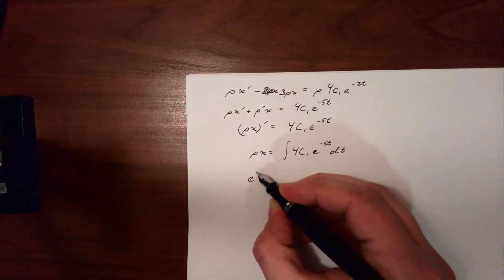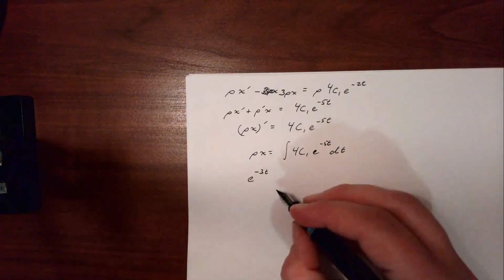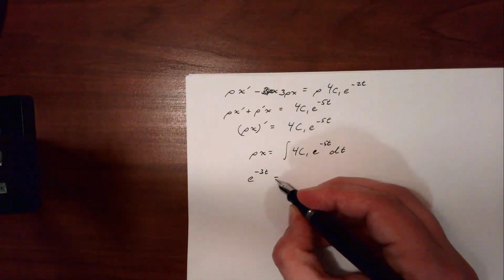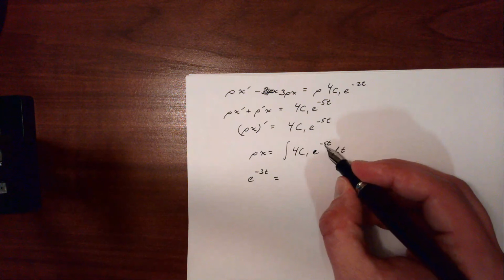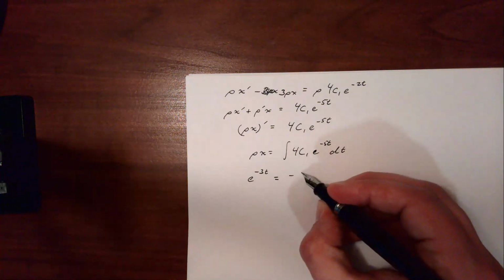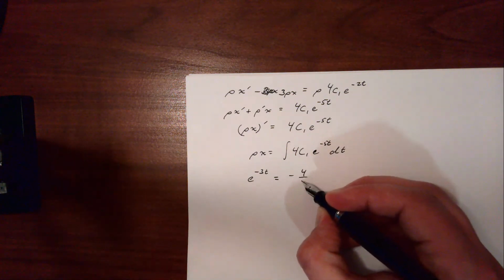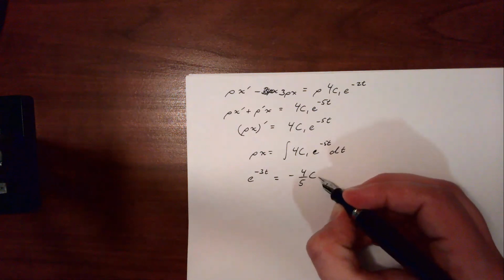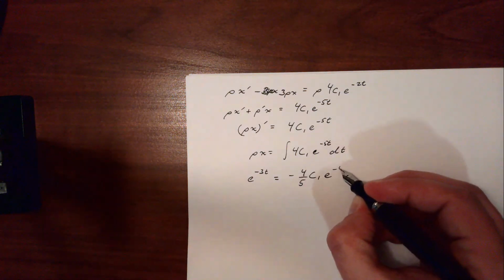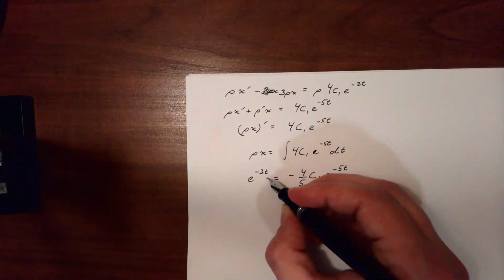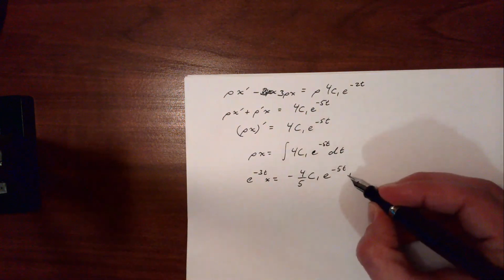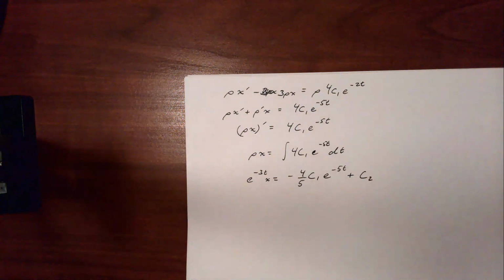So it's e to the negative 3t x is equal to, how do I integrate this? I'll just divide by the coefficient, so it'd be negative 4/5 c1 e to the negative 5t, plus c2, our second constant of integration.